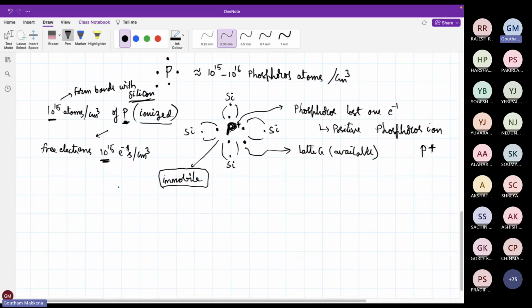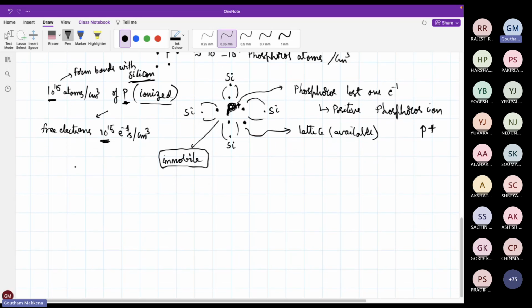So now we have more electrons. What will be the total number of electrons at room temperature? Previously we had 10 power 10, plus now we'll have around 10 power 15, so I can roughly call this 10 power 15. There are 5 orders of magnitude of difference.